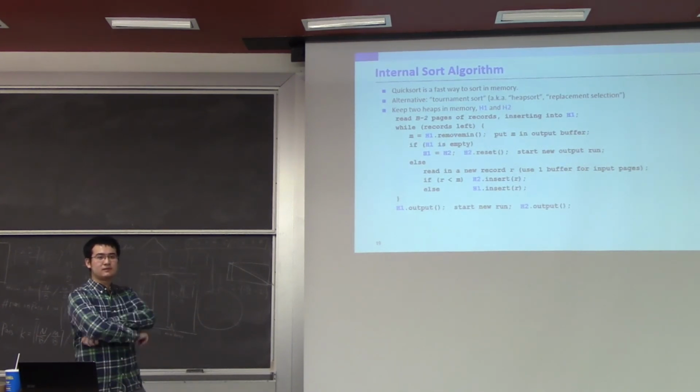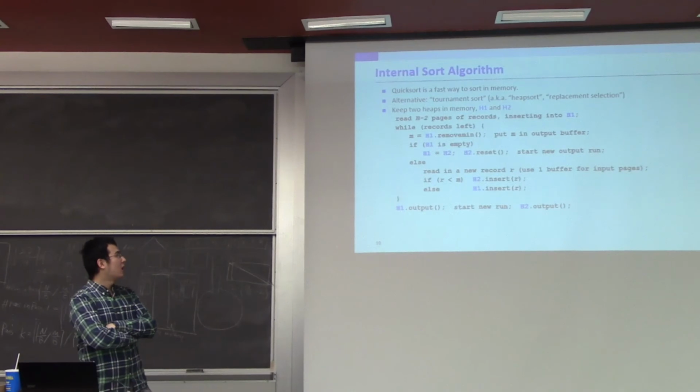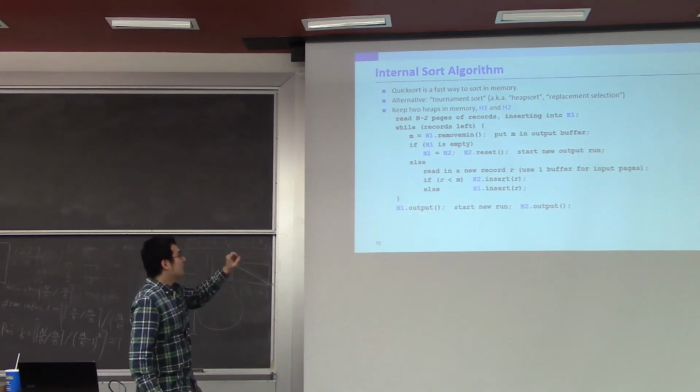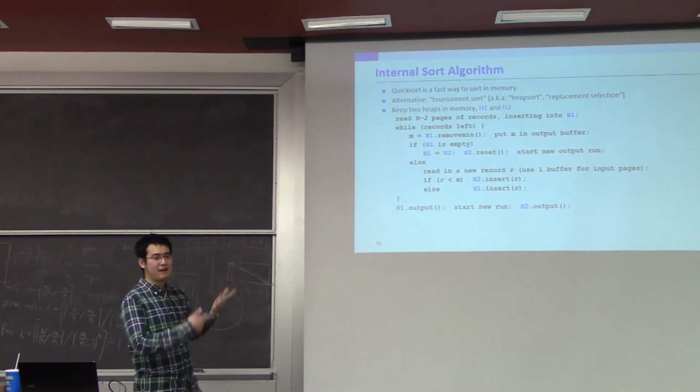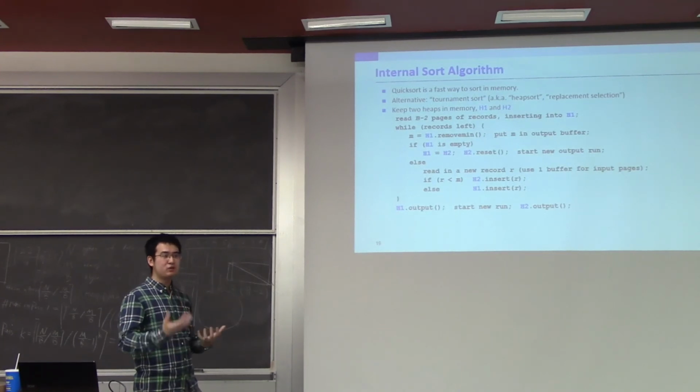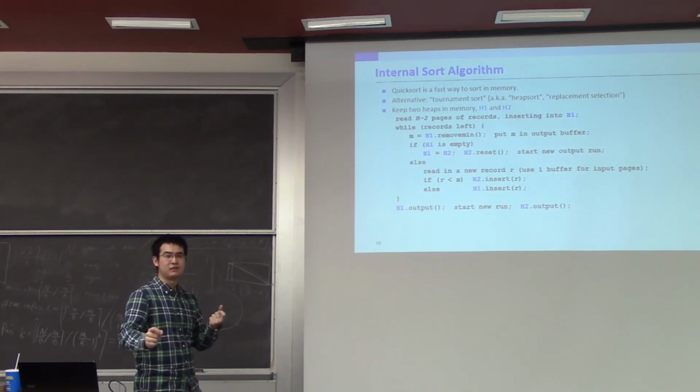But you mean the other 2 pages are H1 and the first 2 pages? No, actually the H1 and H2 occupy B minus 2 pages, or M over B minus 2 pages. Okay, and of the remaining 2 pages, one is for the output. When you remove one element from H1, you put that into the output buffer, right?